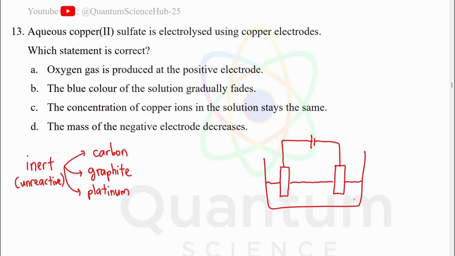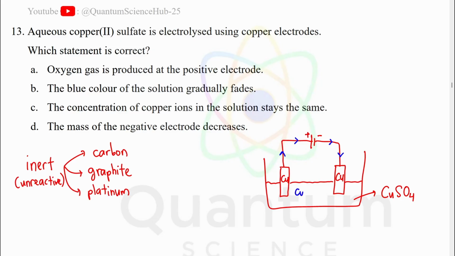So the process is going to be like this. This is copper(II) sulfate, CuSO4, right? While the electrode is copper. So what will happen in here? Remember, this is positive and this is negative because this is the longer line, right? As we know, the electron is always moving from positive to negative. Since everything is copper in here, it is just the transferring of ions from positive to negative.